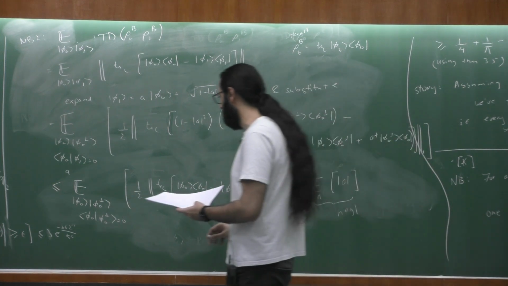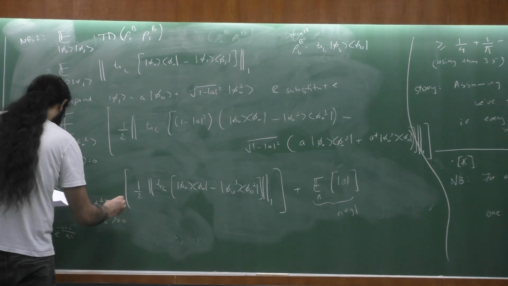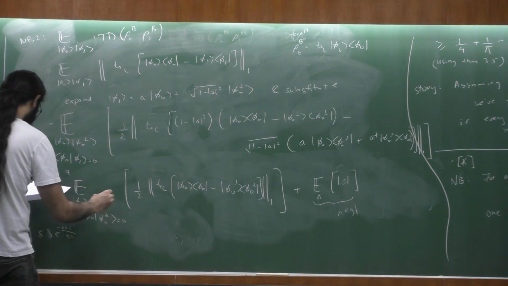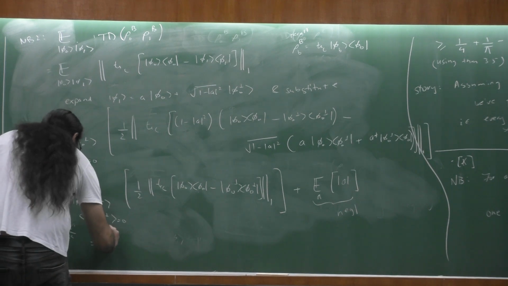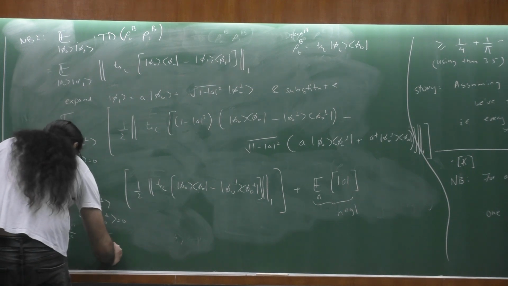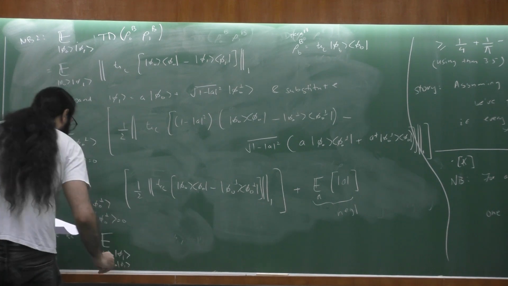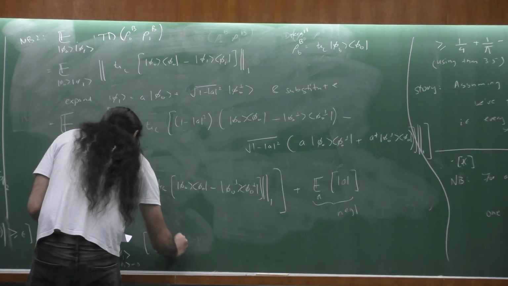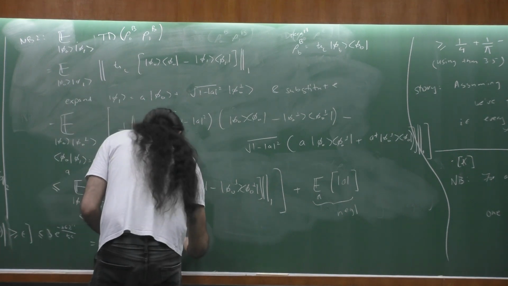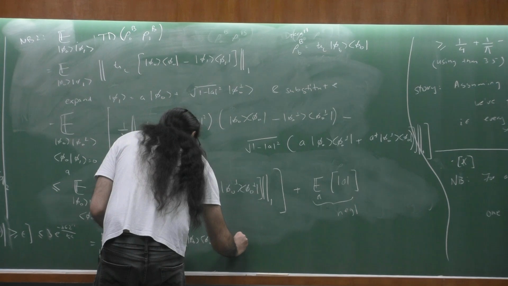Okay. And now we'll just change the variables. One can relabel them, so we'll just get expectation over phi 0, phi 1, where phi 0 and phi 1 are orthogonal, of half trace C of phi 0 minus phi 1, phi 1.